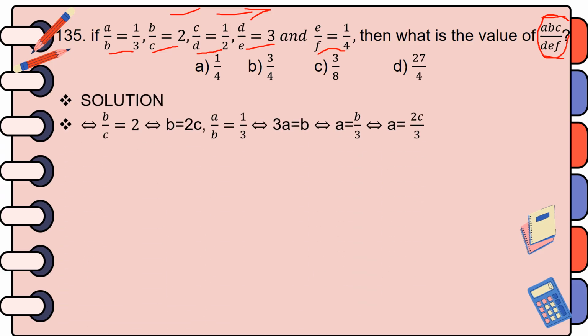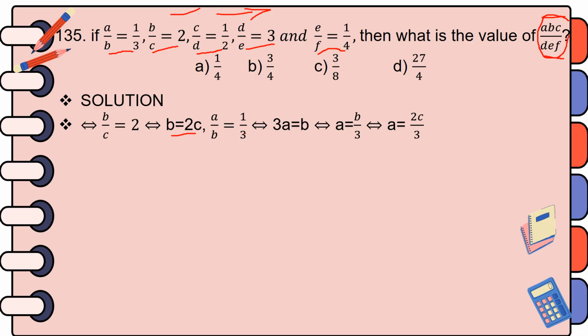For that matter, you are given, for example, B over C, which is equal to 2, and from this crisscrossing you get B is equal to 2C. But again, you are given A over B is equal to 1 over 3, and by crisscrossing you get 3A is equal to B, and A means B over 3.